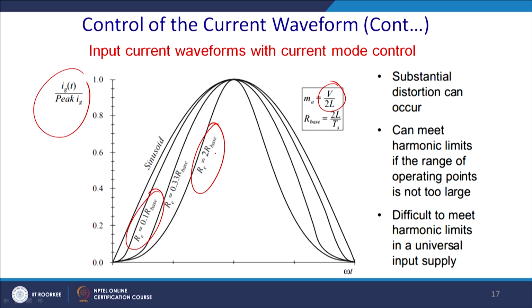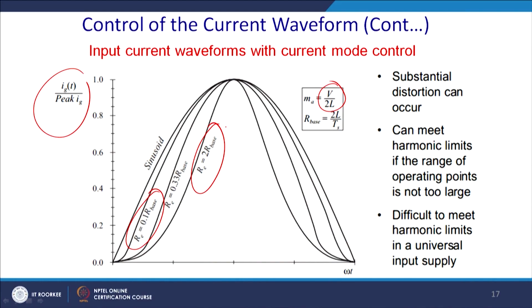So, more and more the current waveform will be peaky if this R is more than R base. So, we can meet harmonic limits if the range of the operating point is not too large.